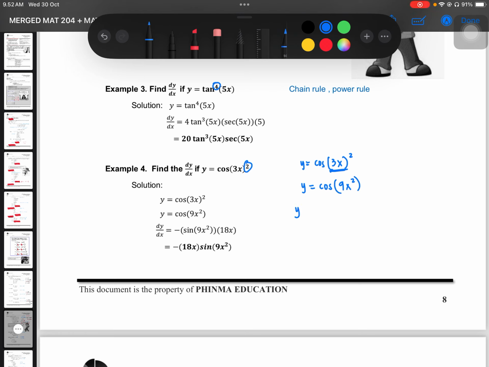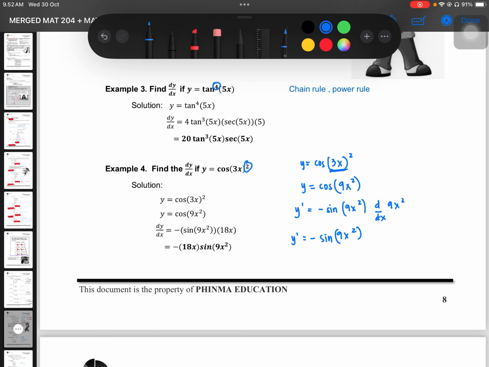So, let's get the derivative. Y prime is equal to, the derivative of cosine is negative sine. And then, kopyahin daw natin yung ating u, which is 9x squared. Then, get the derivative of u, which is 9x squared with respect to x. So, by simplifying this, we have y prime is equal to negative sine of 9x squared.